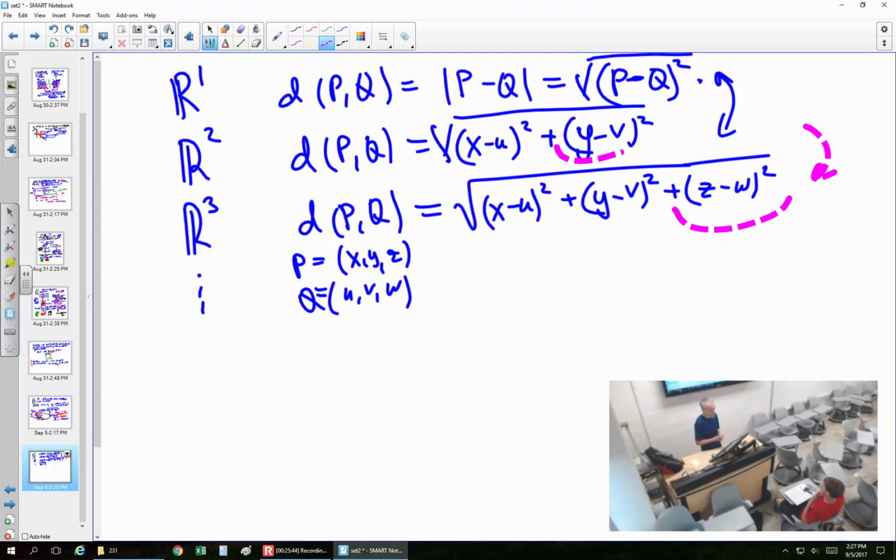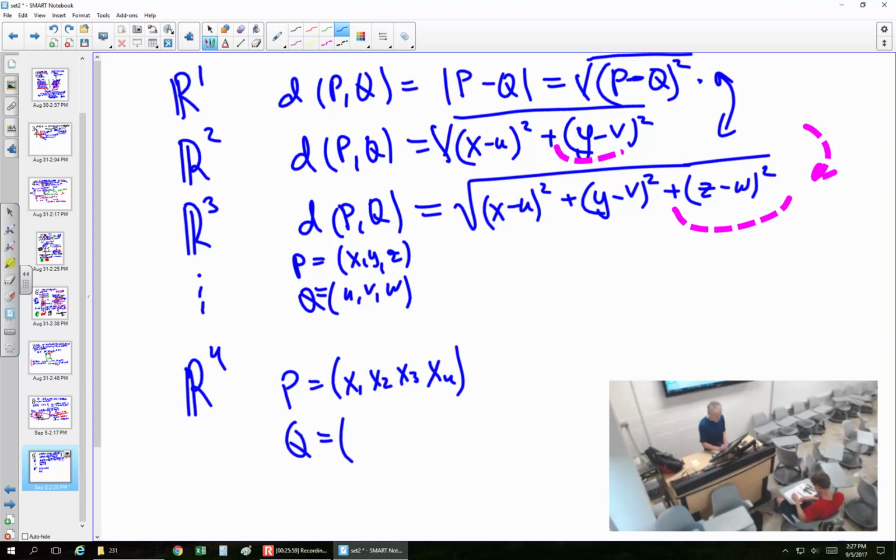We added an extra term inside the square root, and then we added one more, and then let me do R4. So P is equal to, say, (x1, x2, x3, x4), and Q is equal to, let's say, (u1, u2, u3, u4).